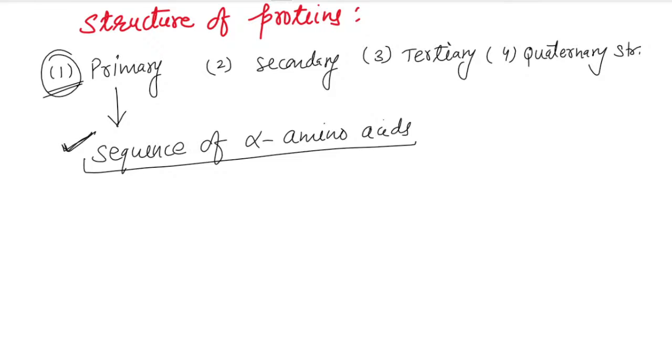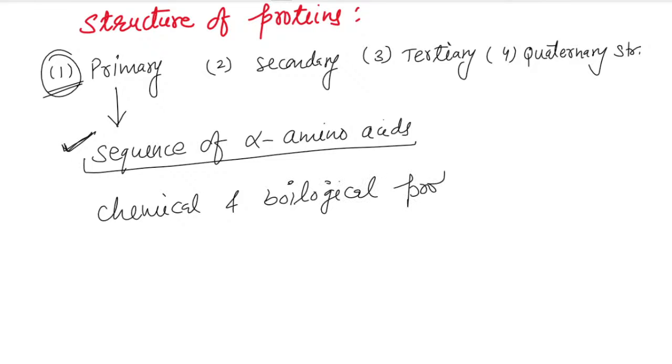So the biological property is primarily due to differences in the primary structure, meaning chemical and biological properties. The sequence of alpha amino acids decides the chemical and biological properties of various proteins.